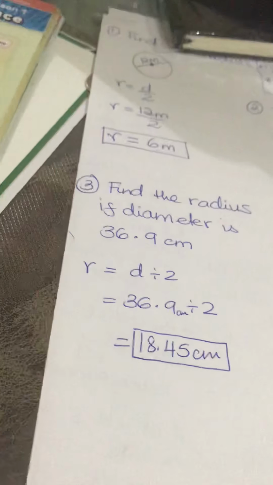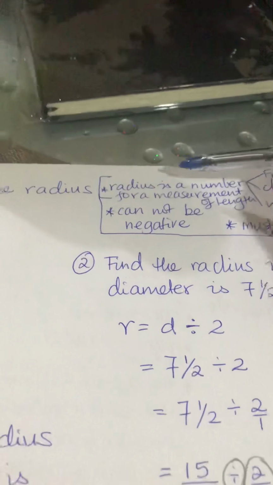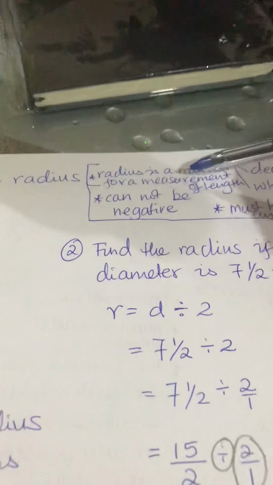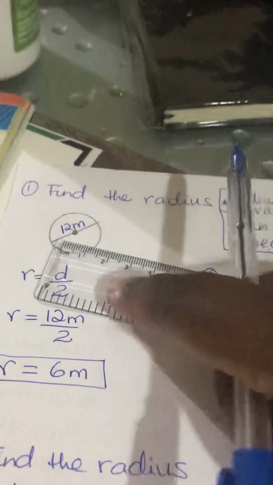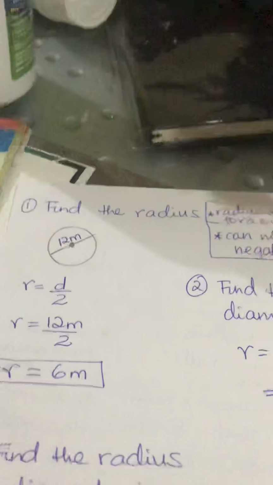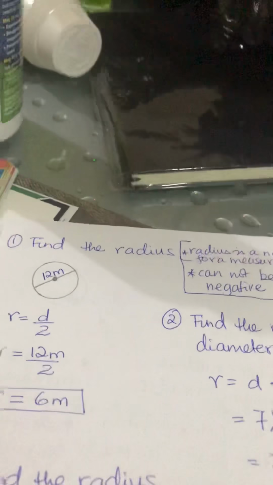Now, a question will tell you to find the radius. It will give you a picture, or it will ask you using words. So, you have to know the radius is a number for a measurement of length. That means you use a ruler to measure your radius. So if you're using a ruler, your numbers cannot be negative. Your numbers have to be positive.